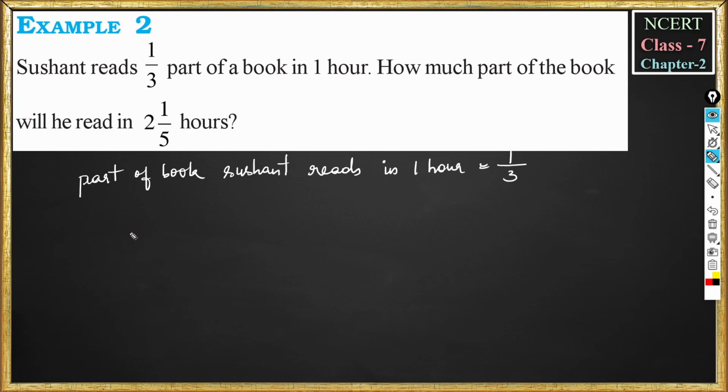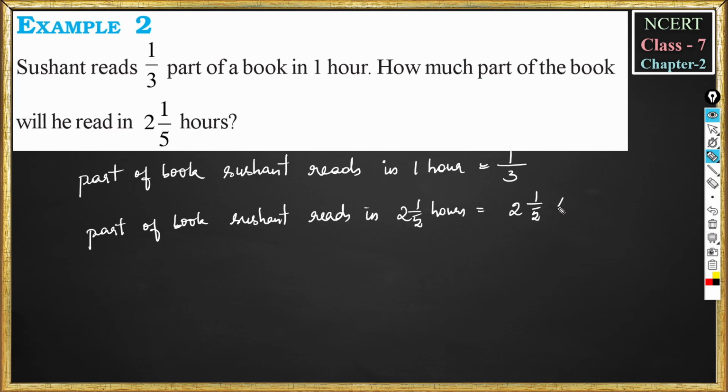Now, how much part of the book will he read in 2 1/5 hours? That means the part of the book Sushant reads in 2 1/5 hours. This is equal to 2 1/5 into 1/3.